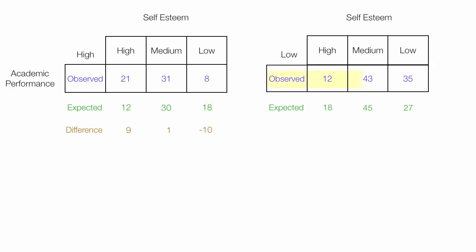I'm going to do the same thing for the low academic performance, observed minus expected. I take 12 minus 18, which is negative 6. 43 minus 45, which is negative 2. 35 minus 27, which is 8.